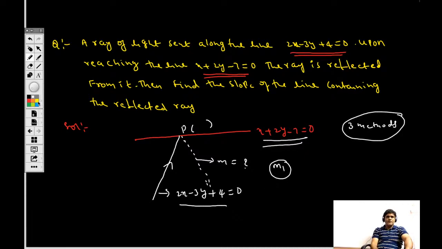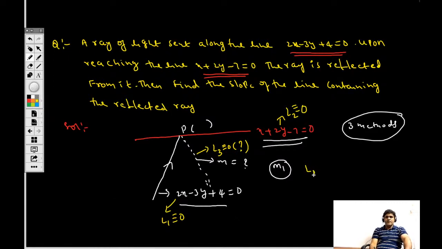Method 1 is this formula. The incident ray is L1, the mirror is L2, and the required line, that is the reflected ray, is L3. This is the question.